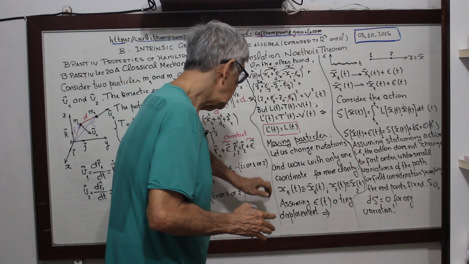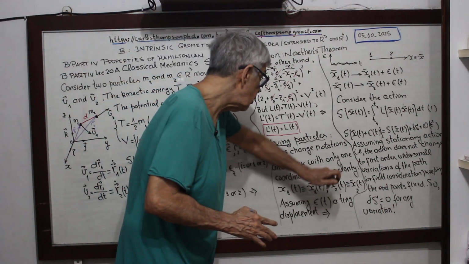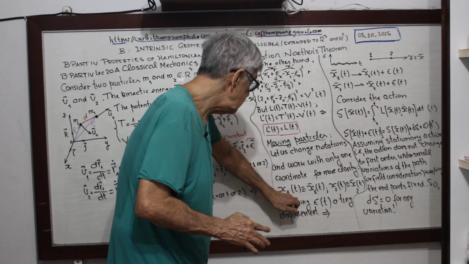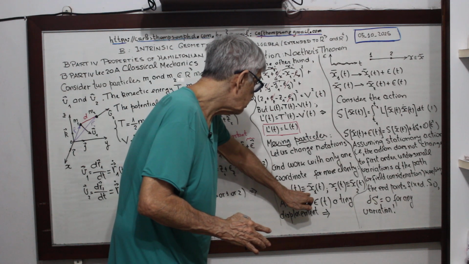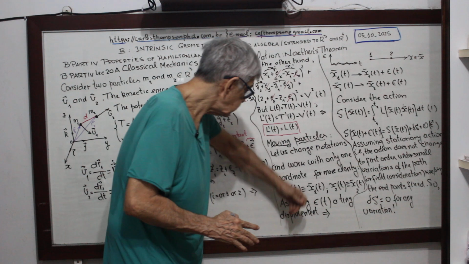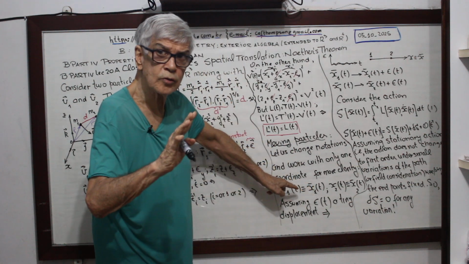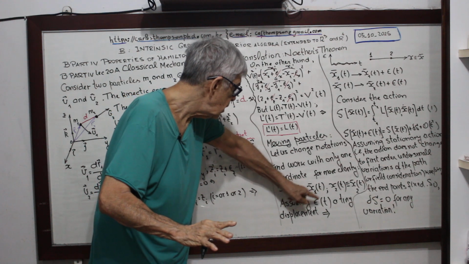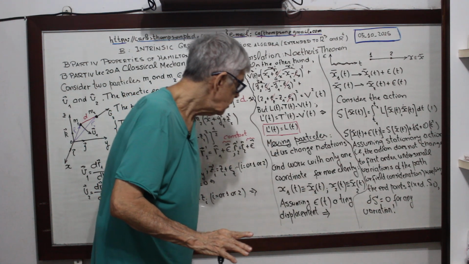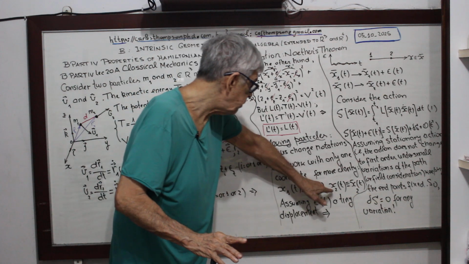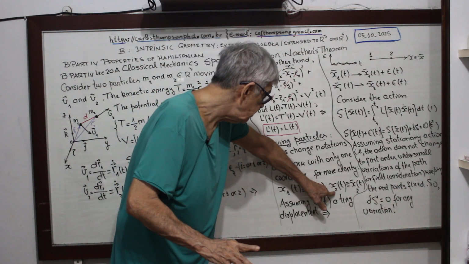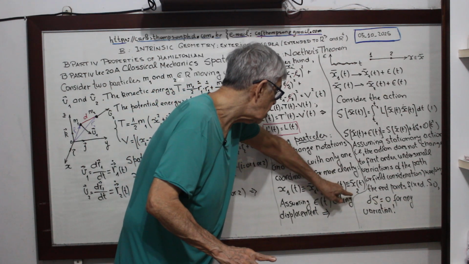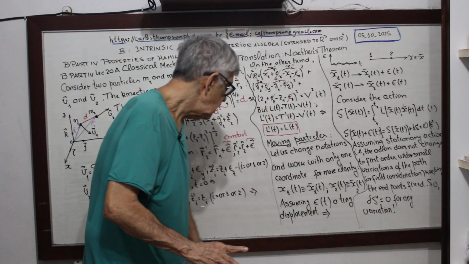So, attention now, for more clarity. x1 of t is x bar of t. I change notation. It's the same value, I just set a bar over here. Likewise, the x coordinate of particle number 2 is x bar 2 of t.